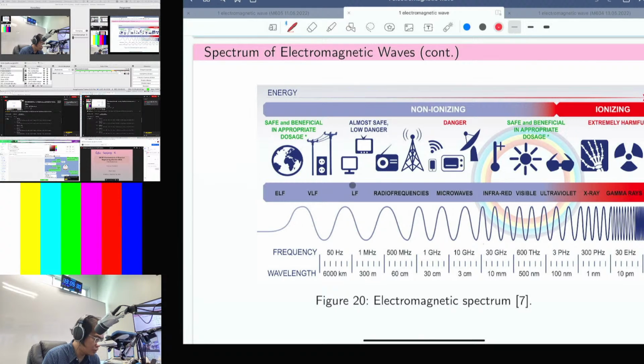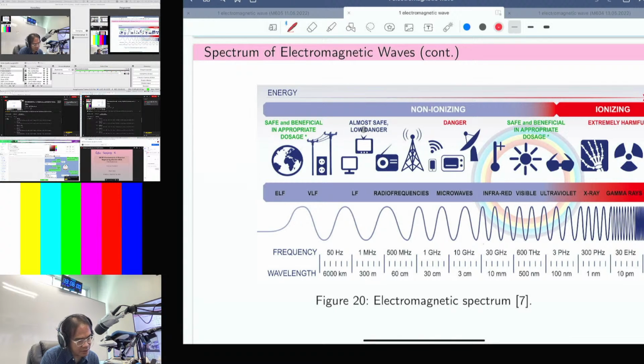Let's move a little to the right. You can see the wavelength is shorter, known as the low frequency region. Humans use this band for television, radio and several kinds of broadcast. What about the danger?